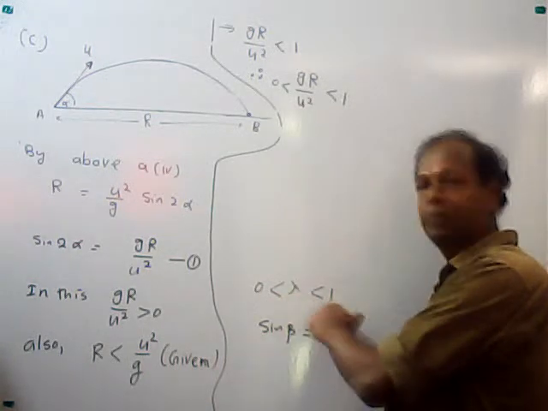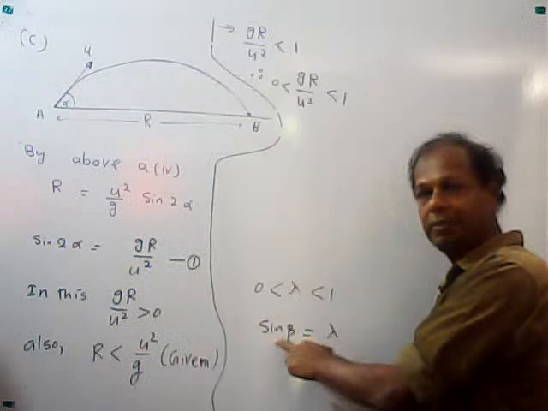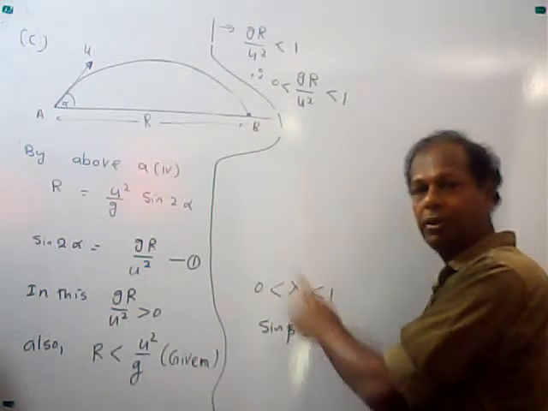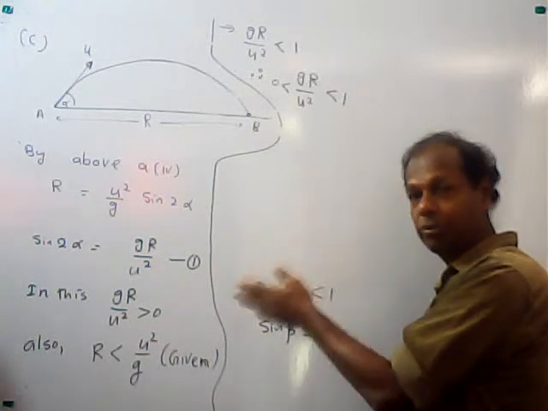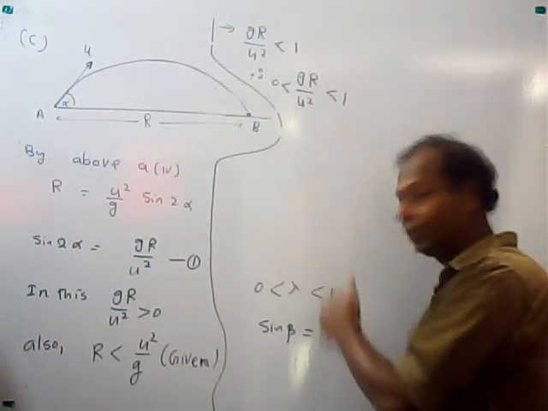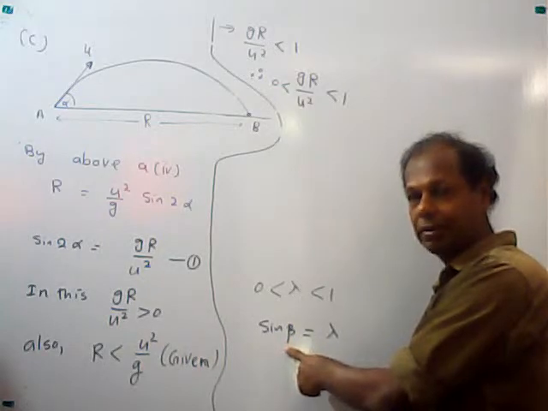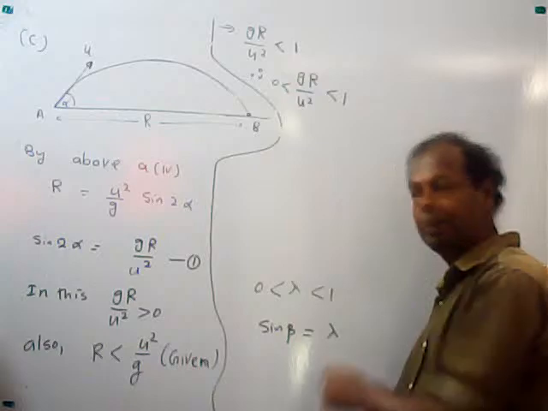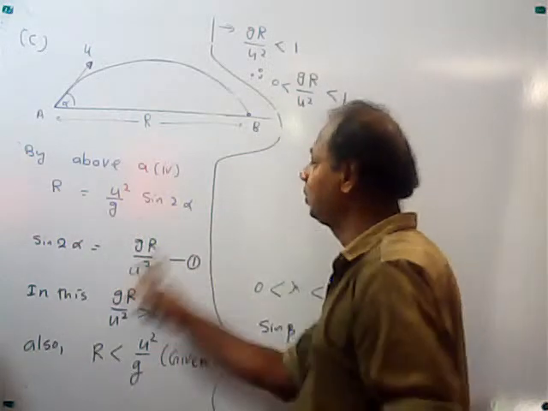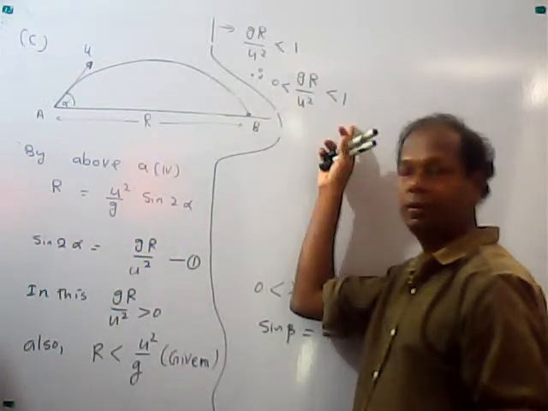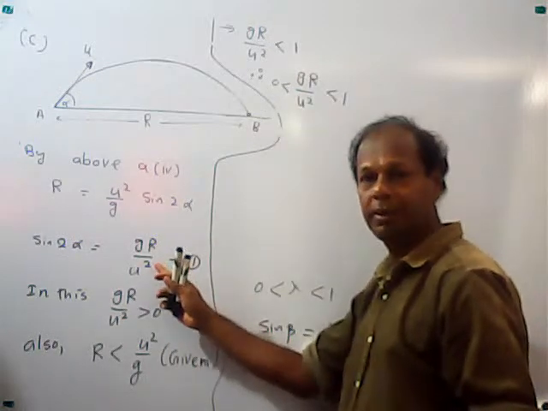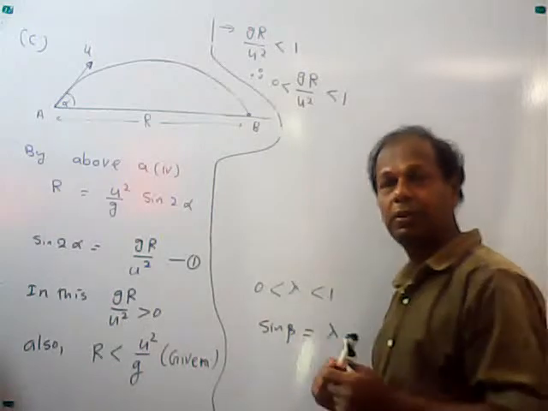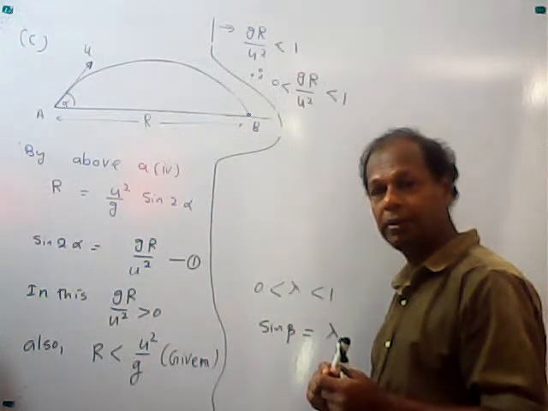Not only between 0 and 1, for anything between -1 and +1, you can find some angle whose sine value is equal to lambda, right? So this thing is between 0 and 1, so we can replace it by some beta. Because this is between 0 and 1, beta has to be an acute angle in the first quadrant.